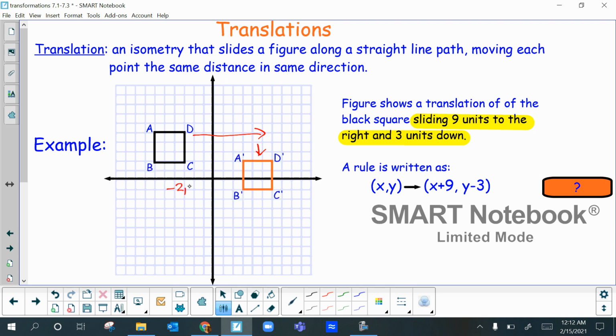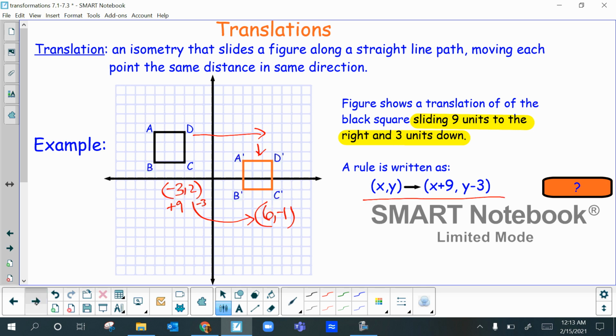And C prime is at (6, -1). So it went from (-3, 2) to (6, -1). And so you can clearly see -3 plus 9 gives us 6, and 2 minus 3 is -1. So you're going to have to be able to write out rules like that.